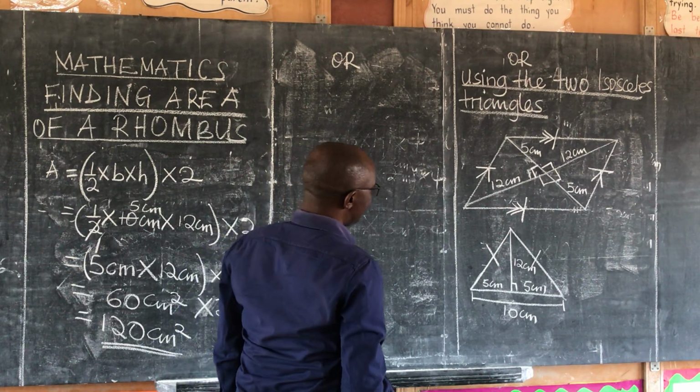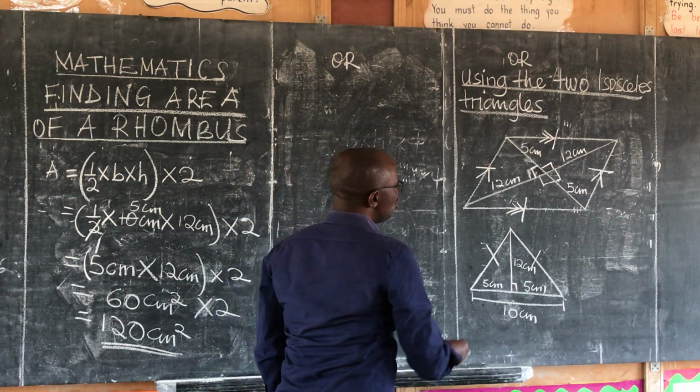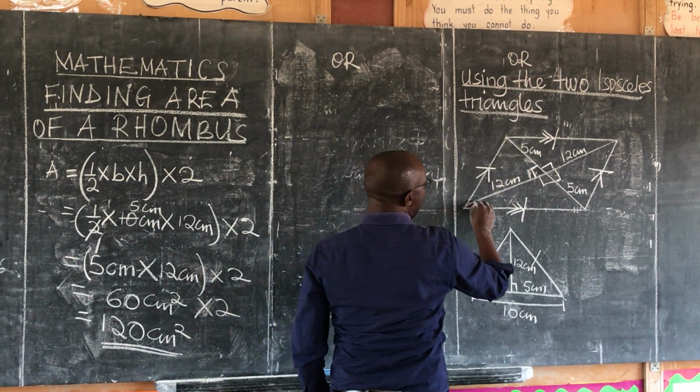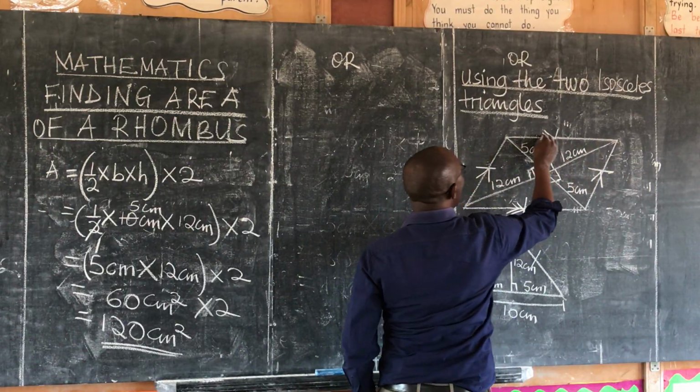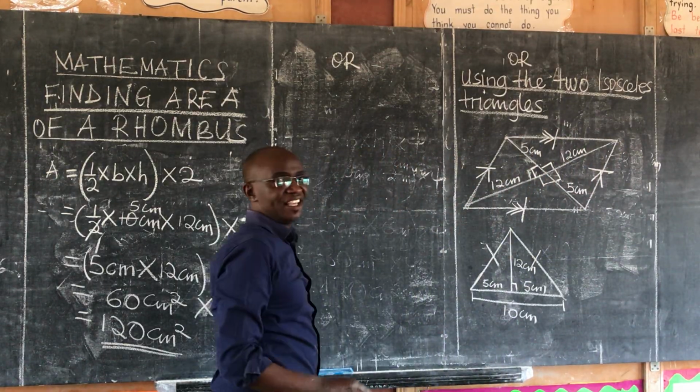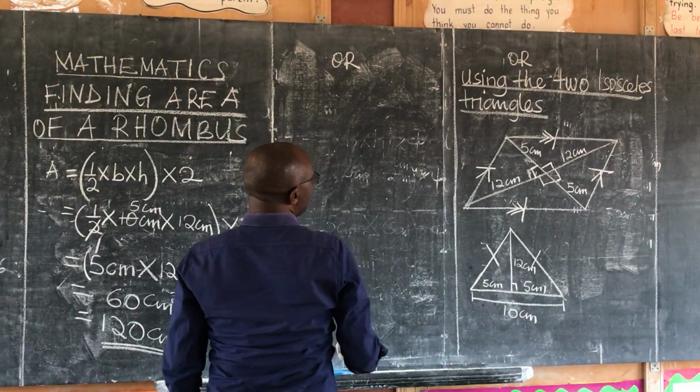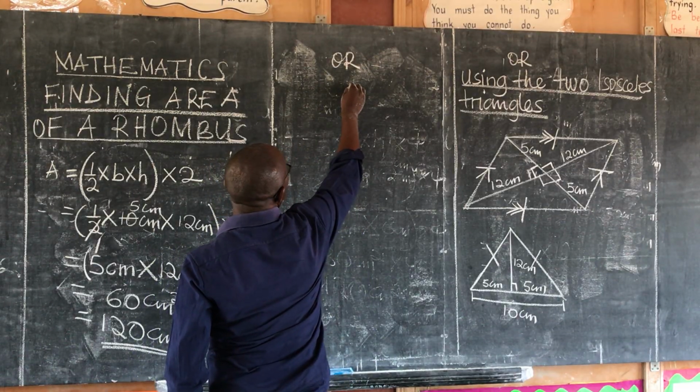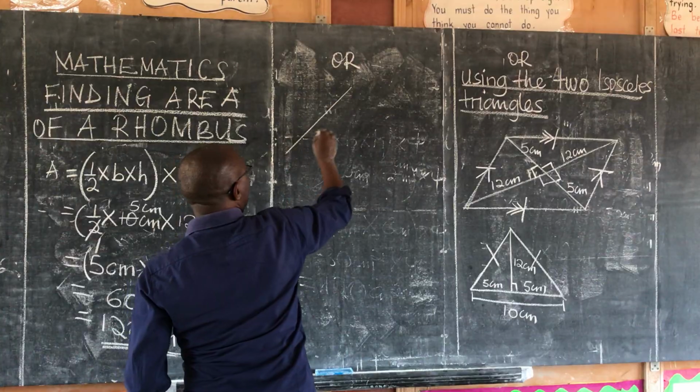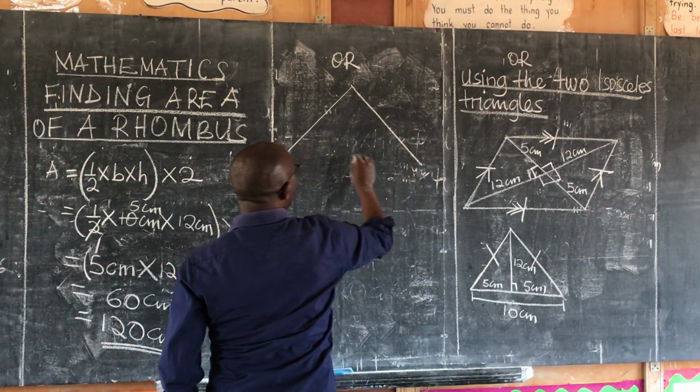Now this time, the extraction I'm going to make is this. I'm taking this isosceles triangle, if you can observe. If I draw it here, this is how it will look.